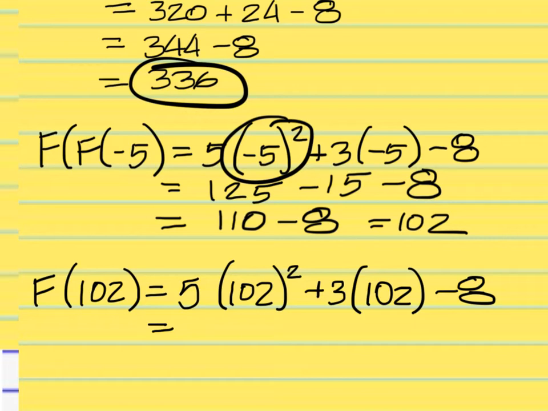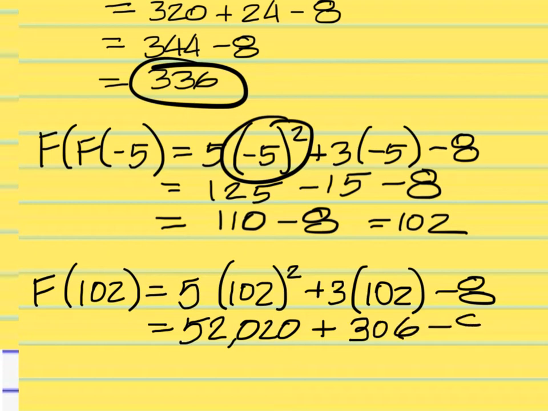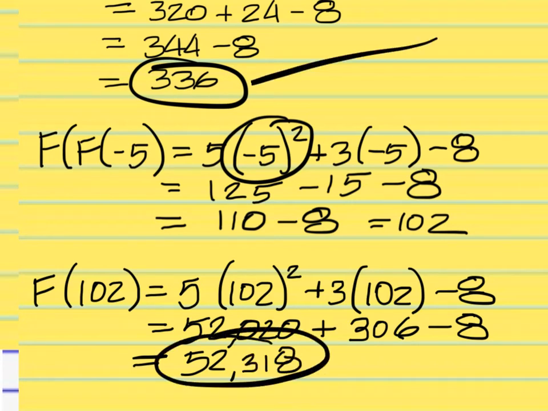And then we would multiply that by 5 to get this, 52,020. And then plus 306 minus 8. If we finish the rest of that out, plus 306 and then minus 8, you should come up with 52,318. You must have this answer and this one in order to get the credit for the problem.